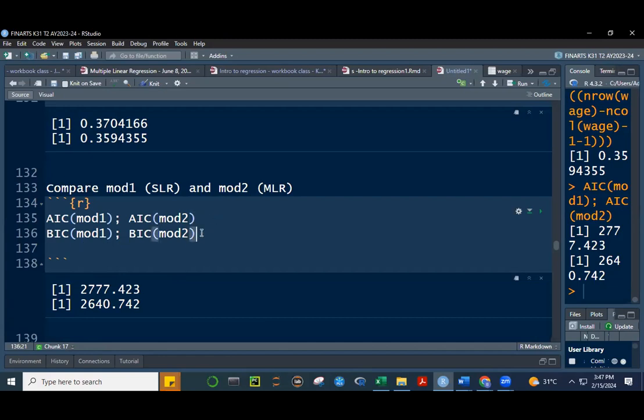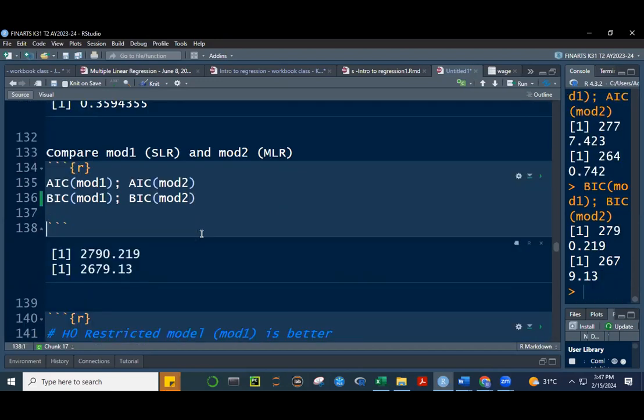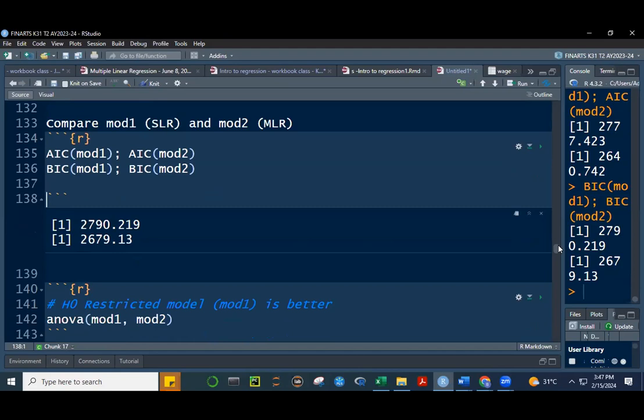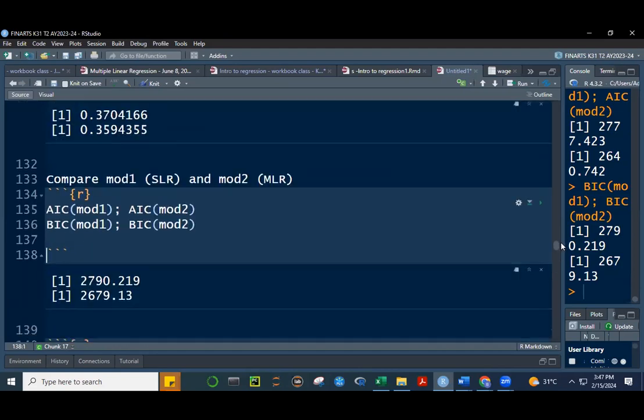And then based on BIC, model 1 is also better by virtue of having the lower BIC. Okay. Any questions, class, so far? Based on adjusted R squared, model 2 is better. BIC, model 2 is better.